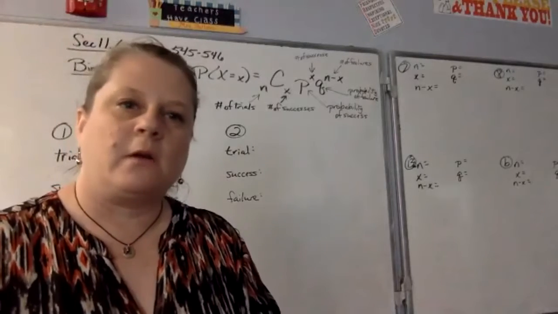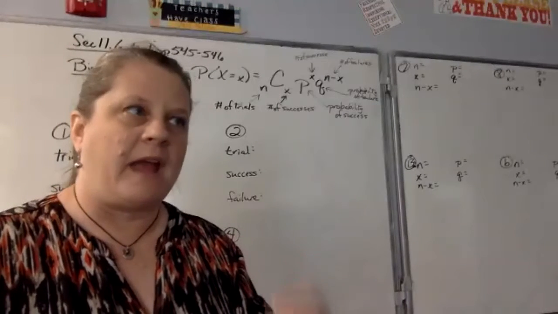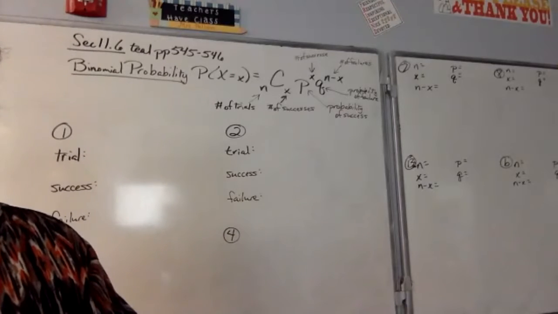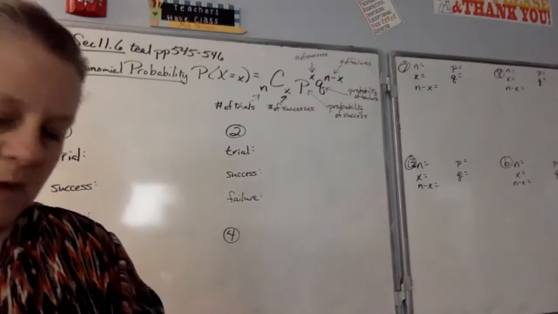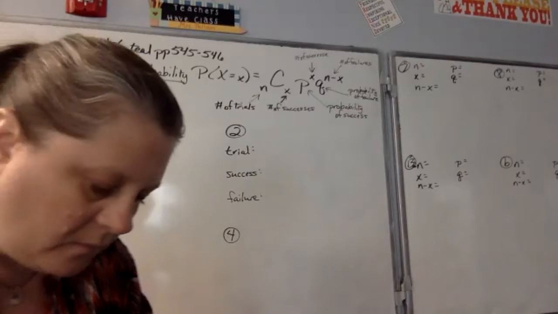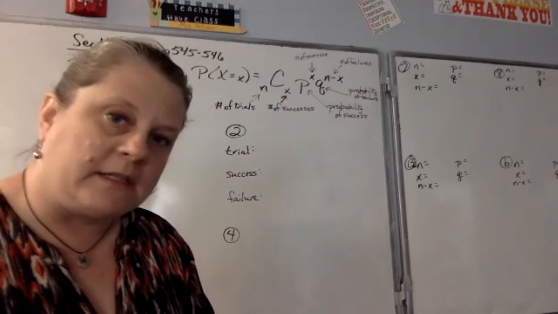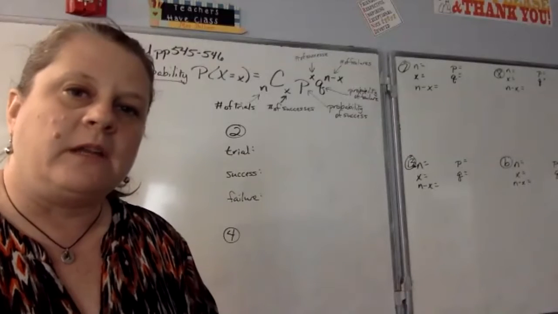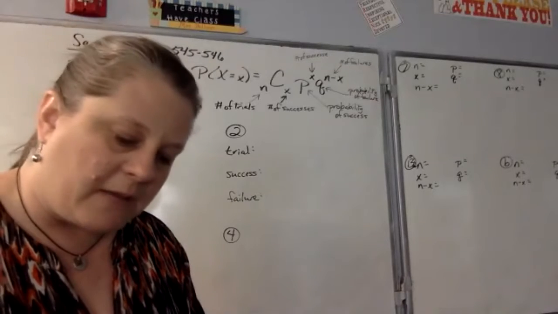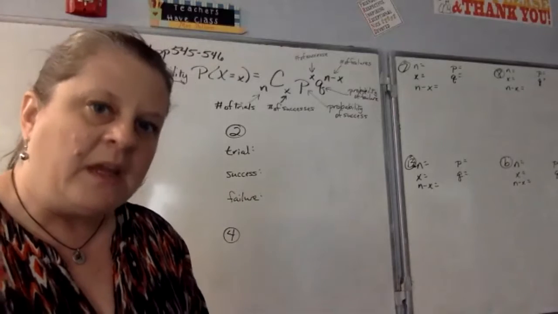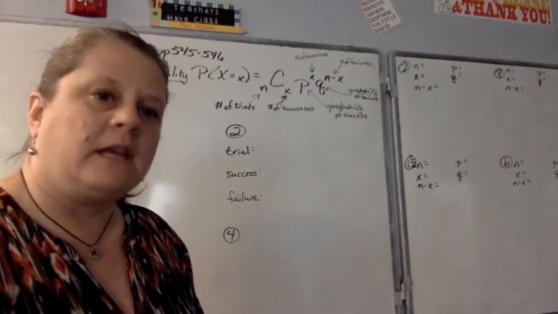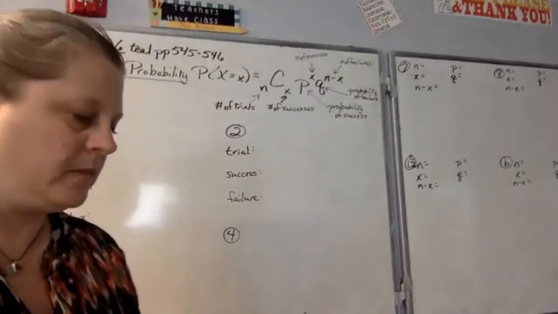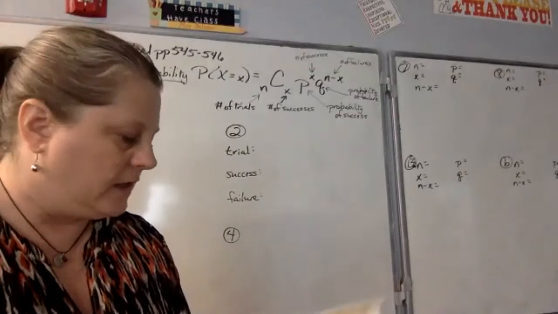If I'm flipping a coin, I have a 1/2 chance, 1 out of 2 chance of getting it to land on heads every time I flip the coin. So my probability is the same. So those are the characteristics from 540 that we're going to be using for 1 through 4. We're going to read through the situation and then double check and make sure it meets all these criteria. If it meets these criteria, then we will identify the different parts. So let's look at number 1.